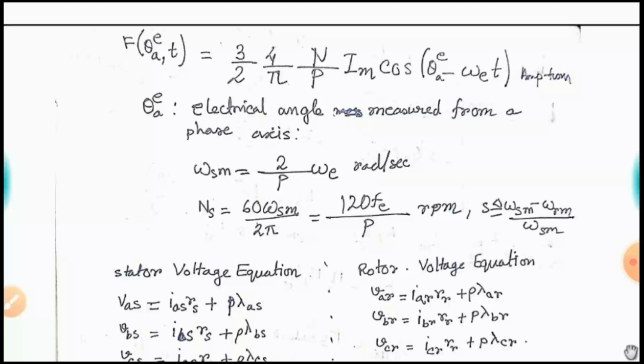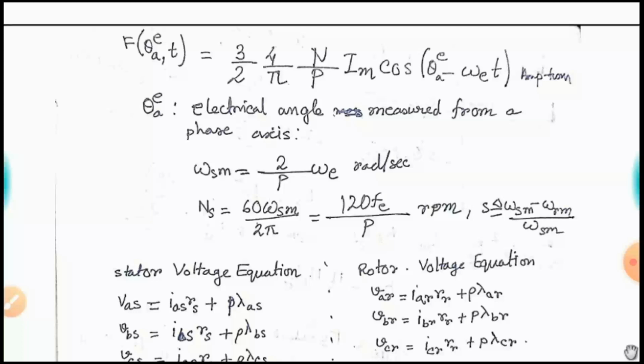If the spatial distribution of your winding is even in nature, then your winding is bound to produce a rotating magnetic field.